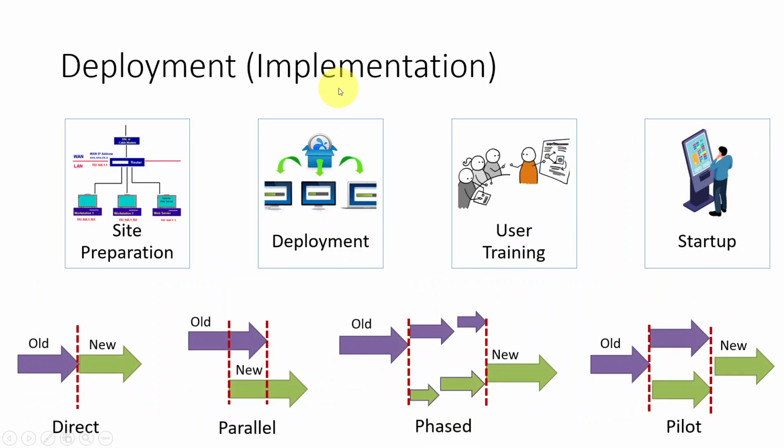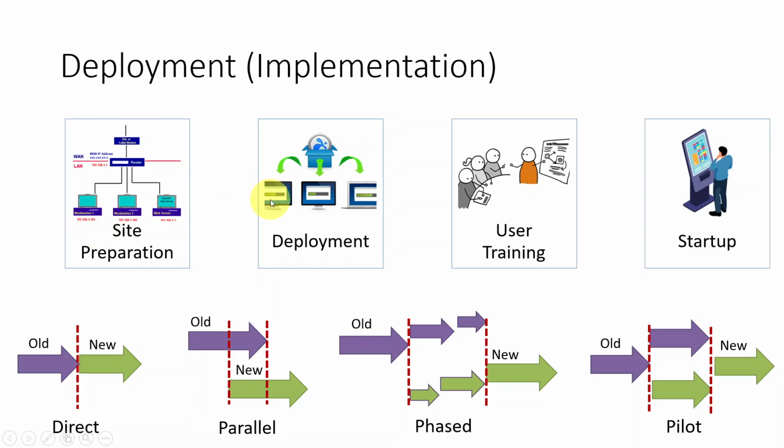Another important aspect of software development is deployment or implementation. It is extremely important if we are developing a critical system like a banking system or airline reservation system. We can identify a few subtasks. We have to prepare the site for the deployments, and then we have to deploy it.